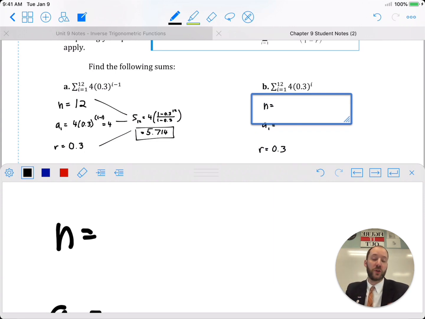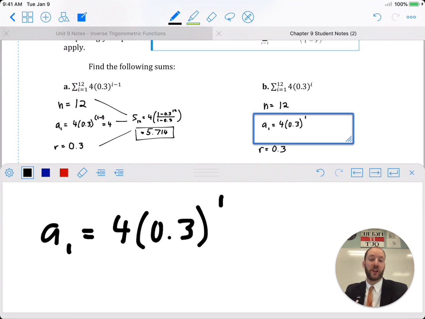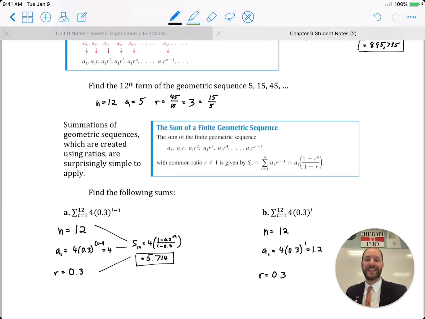N from 1 to 12, so 12 terms. A sub 1: go ahead, plug in your first term, plug in your lower bound. So 4 times 0.3 to the first power, we're going to get 1.2 instead of the previous 4.